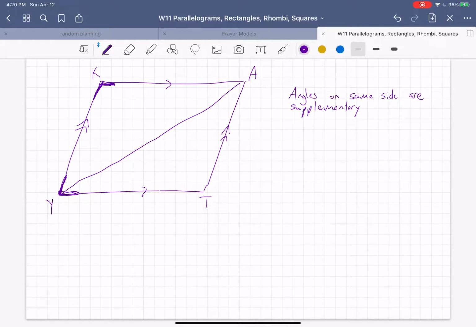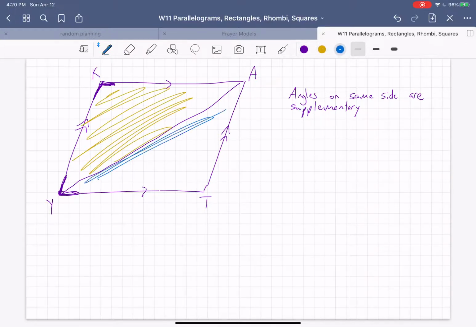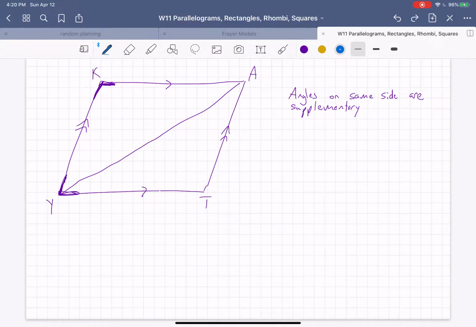After all of this, we would get the fact that this yellow triangle is congruent to the blue triangle, which just means that we have some interesting things going on elsewhere in our parallelogram. First, opposite angles are congruent.